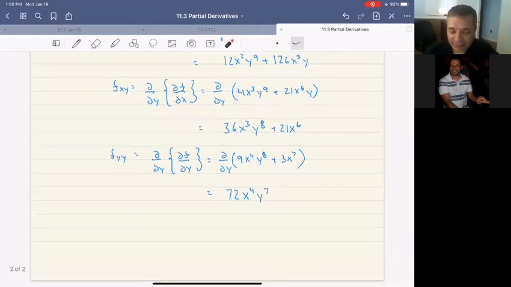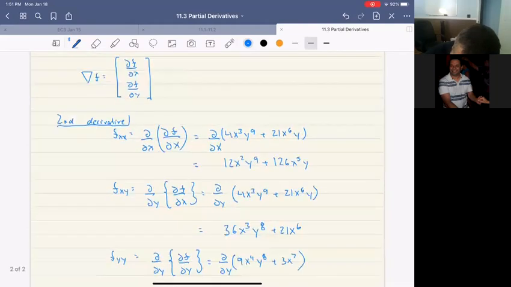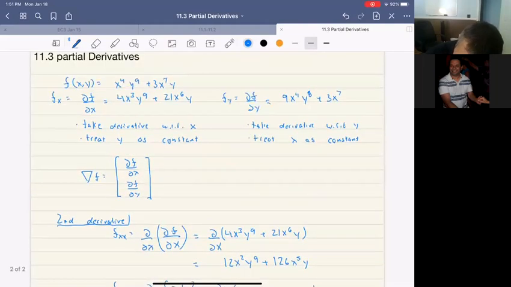All right, finally, f sub yx. That's partial with respect to x, partial with respect to y of f, and that equals partial with respect to x of this thing up here again.